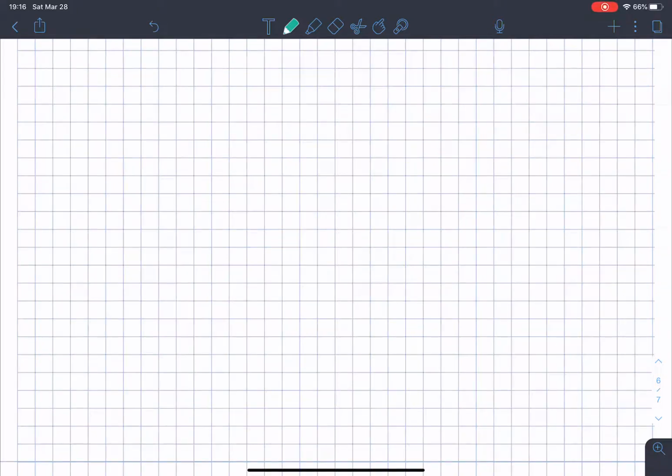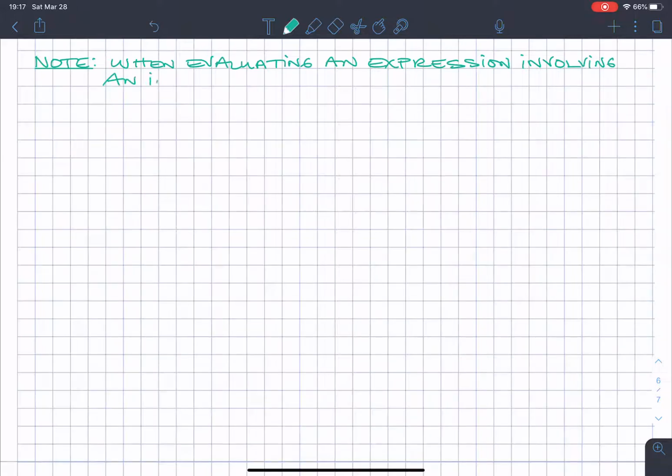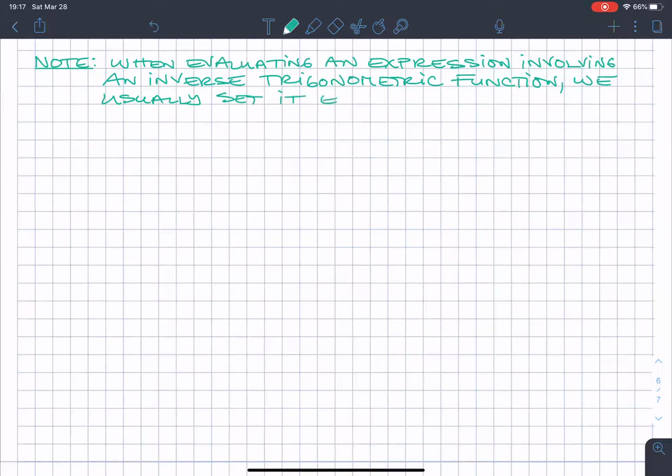Okay, so welcome to the final section of 6.2. I want to note something. When evaluating an expression involving an inverse trigonometric function, we usually let or set it equal to theta for ease of calculation.